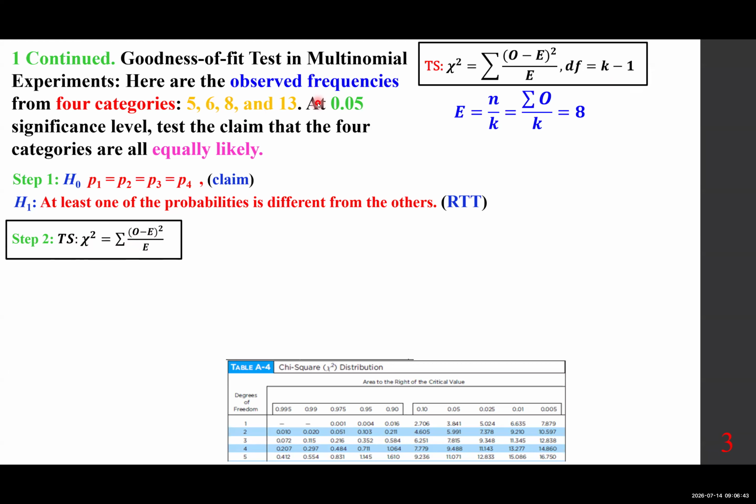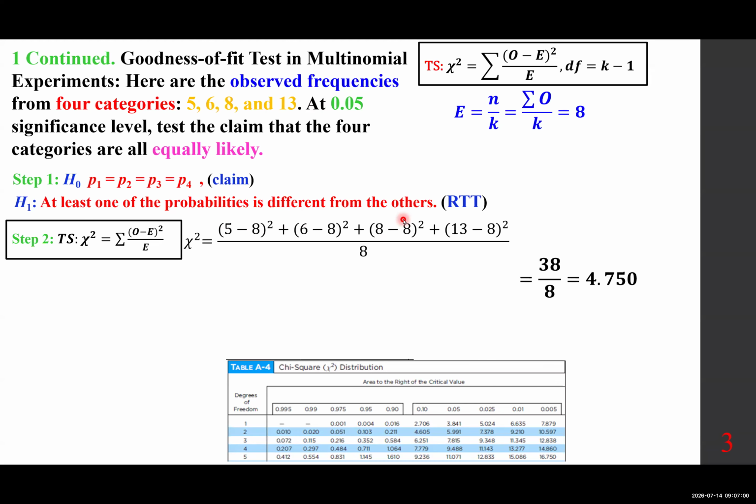And we can divide them in one shot by 8 instead of doing them individually. So that's 5 minus 8, 3 squared, 6 minus 8, negative 2 quantity squared. So this is 9, this is 4, this is 0, this is 5 squared, 25. They add up to 38 over 8 or 4.750.